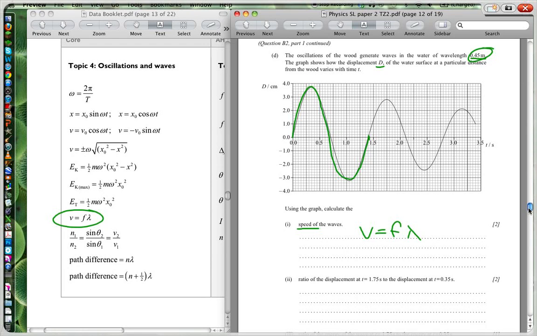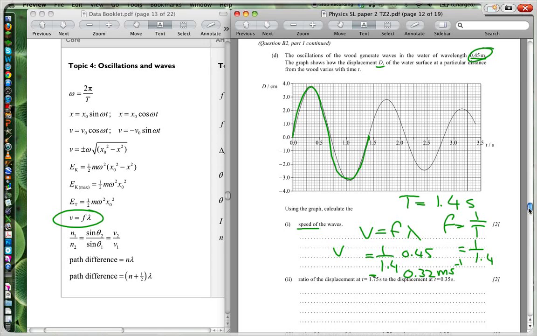So that time period is equal to 1.4 seconds. So your frequency is equal to 1 over T is equal to 1 over 1.4. So we can put it into our formula. The velocity is equal to 1 over 1.4 times 0.45, and that will give us our speed of our wave. And it works out to be 0.32 meters per second to the minus 1.